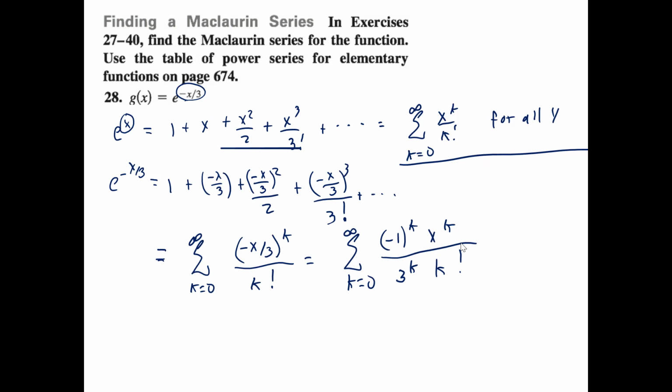The interval of convergence is for all x, because the original series converged for all x. IOC is from negative infinity to infinity because the original series converged for every possible real number.